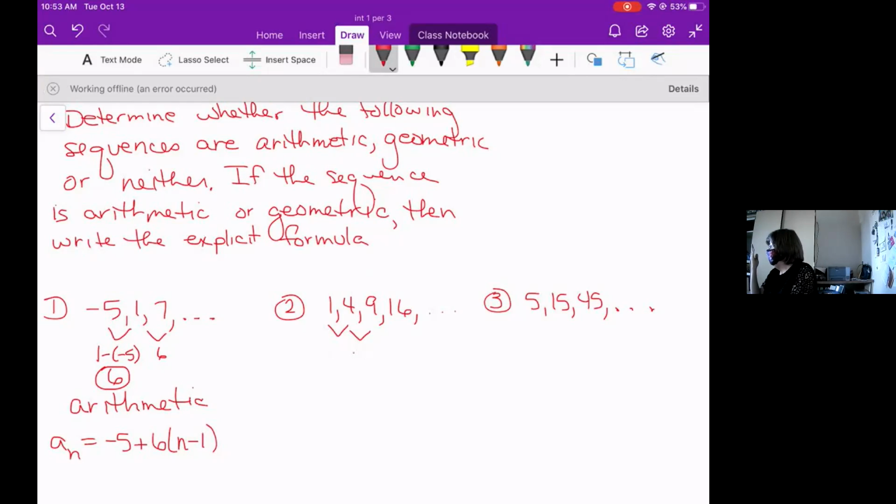Is 4 times 4 going to give me 9? Nope. So it's not multiplying by the same number every time, and it's not adding by the same number every time, so it's a neither. It is a pattern, but it isn't one of those two specific ones. Do I have to write an equation for it? No. Do you know how many kids try to write an equation, because they didn't read the directions? And then you get points taken off.